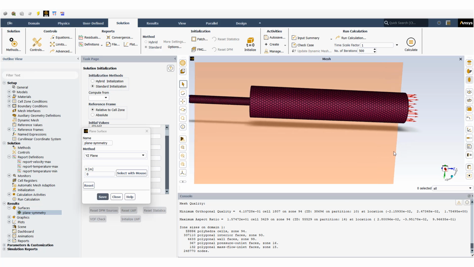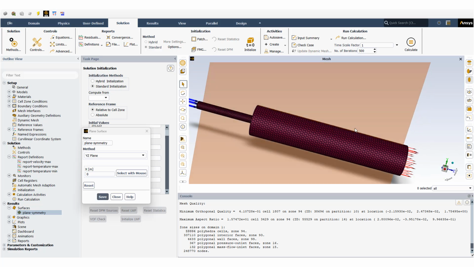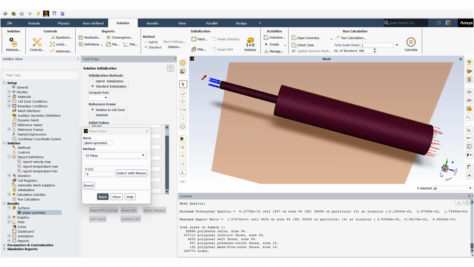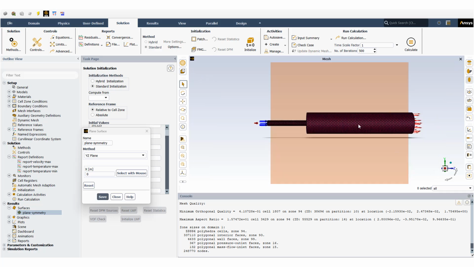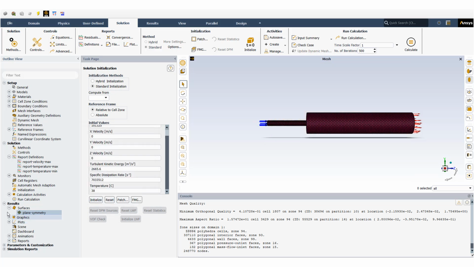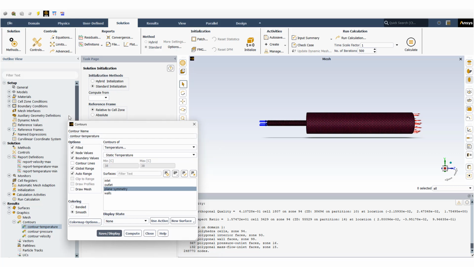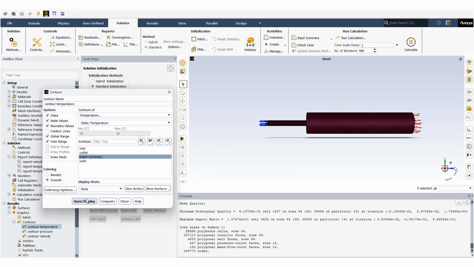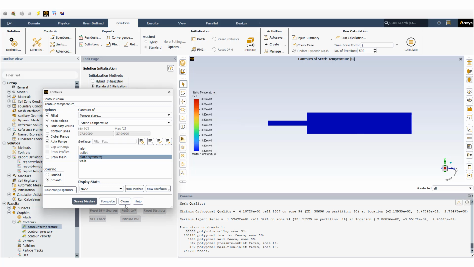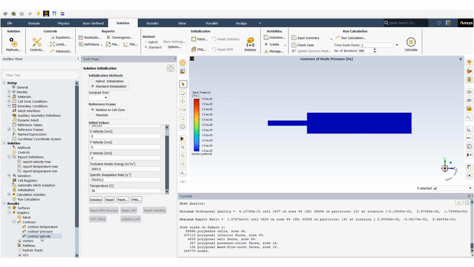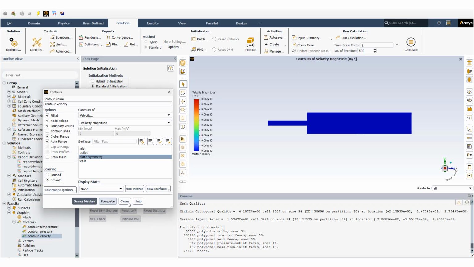It is easier to see that in this way. And I define some contours on this symmetry plane. This is for the temperature, everywhere 38 degree. Pressure everywhere 101 kilopascal, and velocity is zero everywhere.